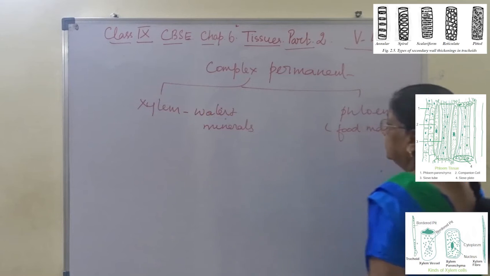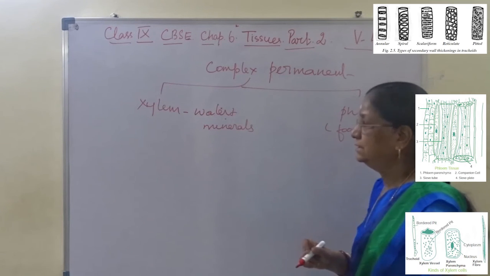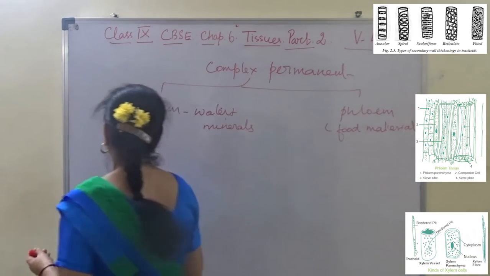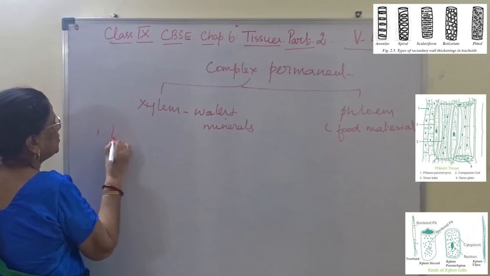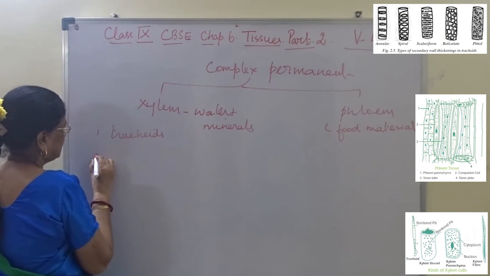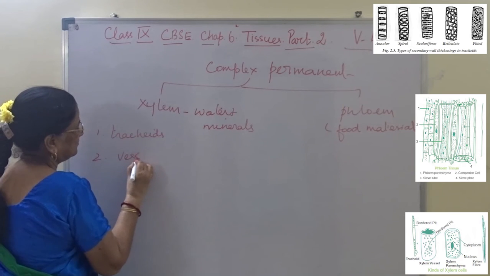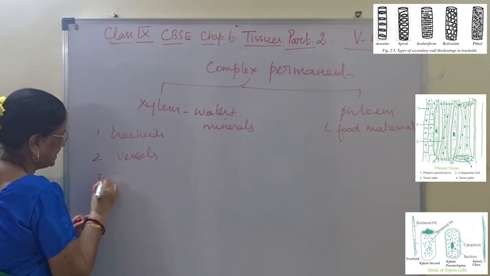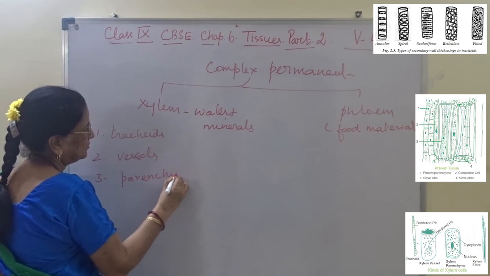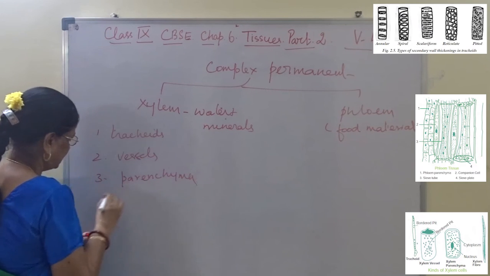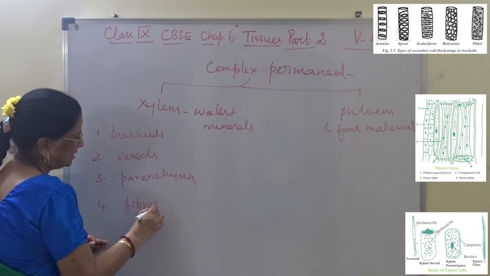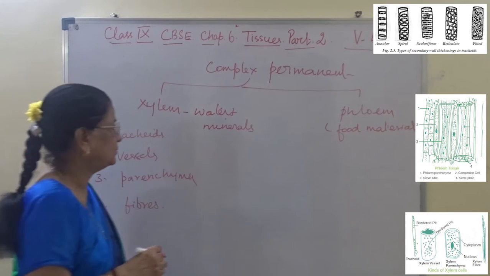Now here, the xylem, we see complex permanent tissue because the xylem is formed of xylem tracheids, xylem vessels, xylem parenchyma and xylem fibers.